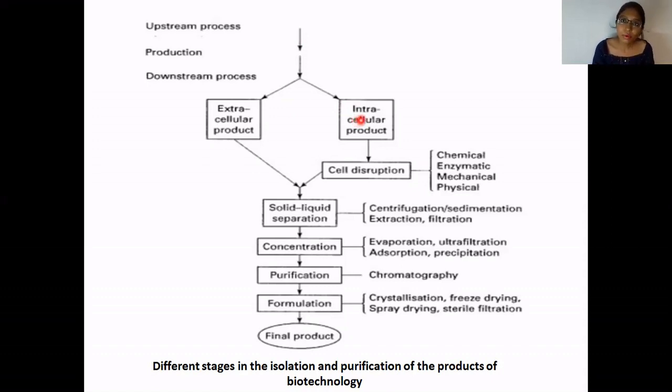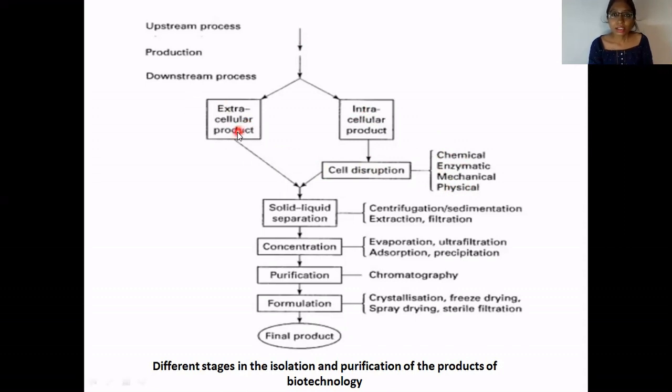So when the product is intracellular, first we need to break open the cell. That process is called cell disruption. Cell disruption means breaking of the cell. This can be carried out using chemical, enzymatic, mechanical, or physical methods. The deep mechanisms involved we will learn in the further video tutorials. Once the cell lysis has occurred, the product is in the fermented broth.